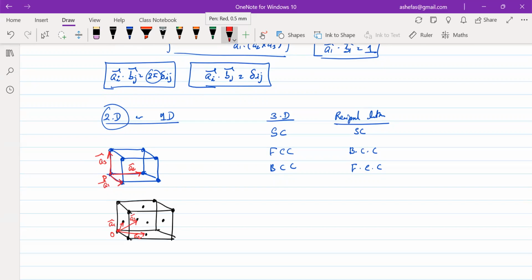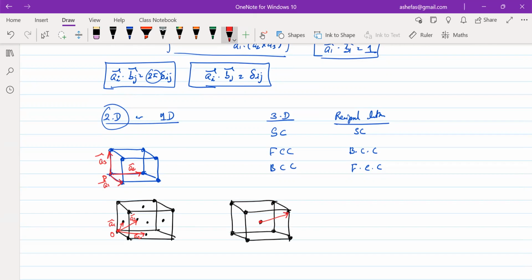From which we can calculate B1, B2, B3, and B1, B2, B3 takes the body-centered cubic structure. Finally, when you draw the body-centered cubic system, usually we take the center point as the origin.